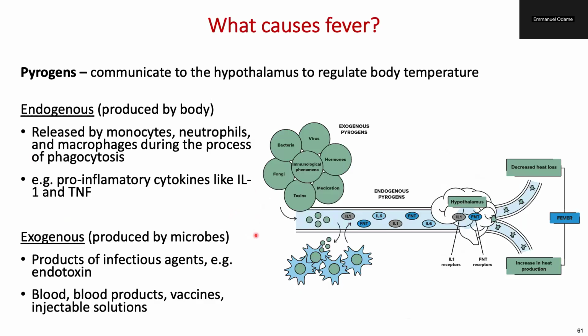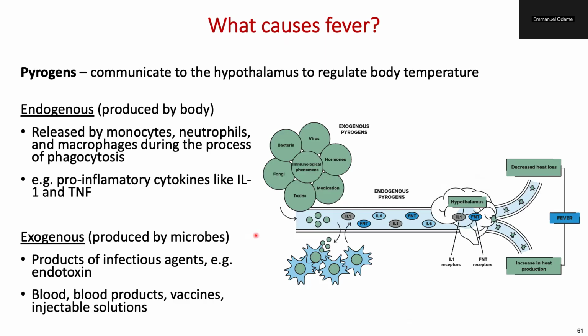So what causes fever? Fever is caused by pyrogens, which is basically any external or internal signal that is released to communicate with the hypothalamus to regulate your body temperature. So pyrogens are communicated through two forms.